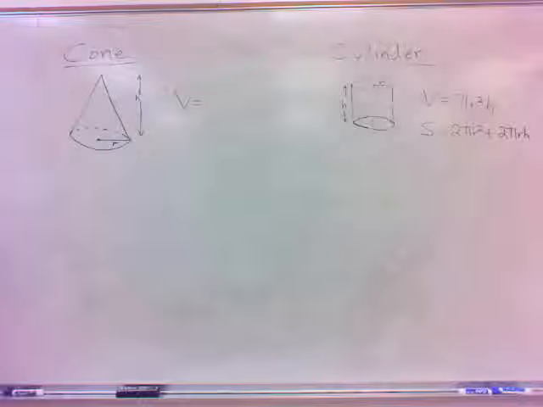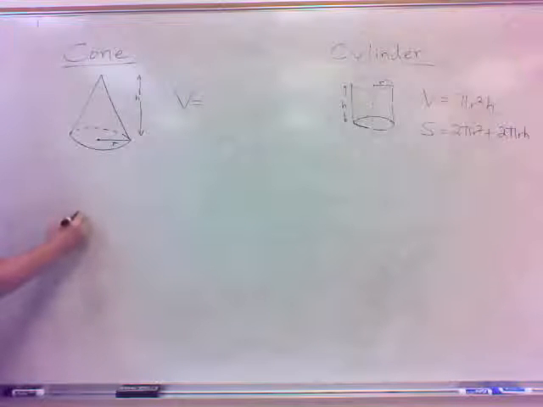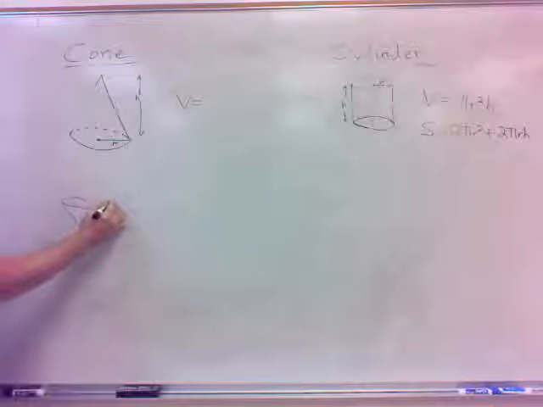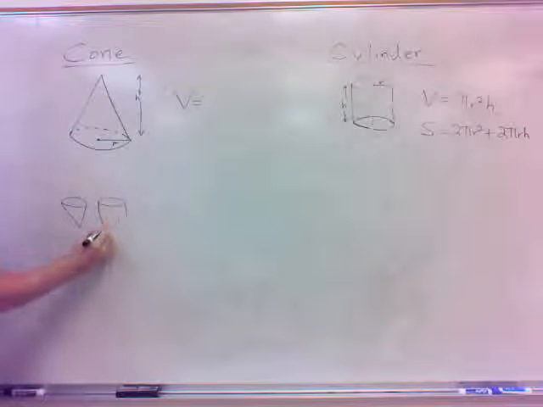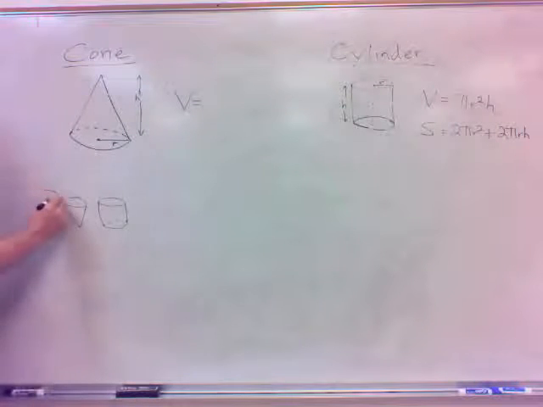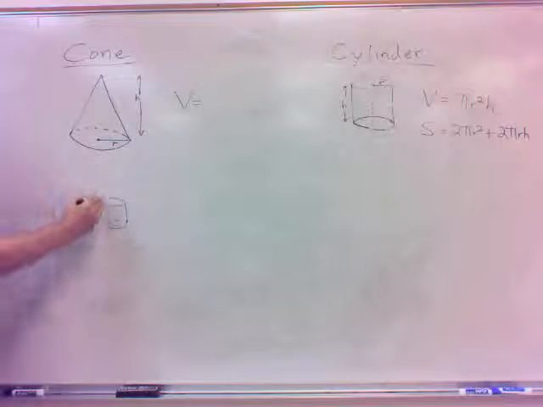What I like to ask as we're going through here is this. Let's say I took a smaller cone that I can fill with water. It's empty, like an ice cream cone, but I can pour water into it. So I've got whatever radius, whatever height. If I took a cylinder with the same radius and the same height over here, how many times would I have to take the cone, fill it with water, and pour it into the cylinder?